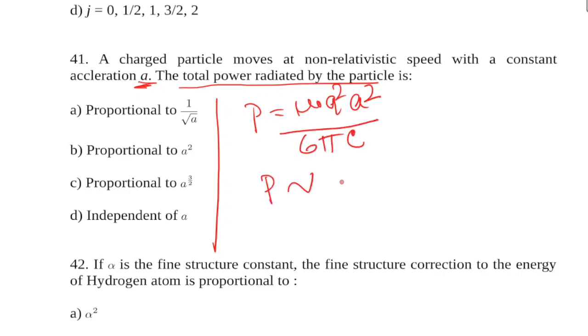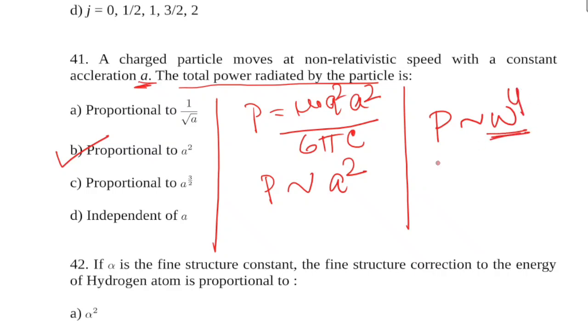So here power varies as a squared. Okay, so here the correct option is option B. Sometimes they ask with the oscillating dipole also. In that case, power will be proportional to frequency to the power 4.